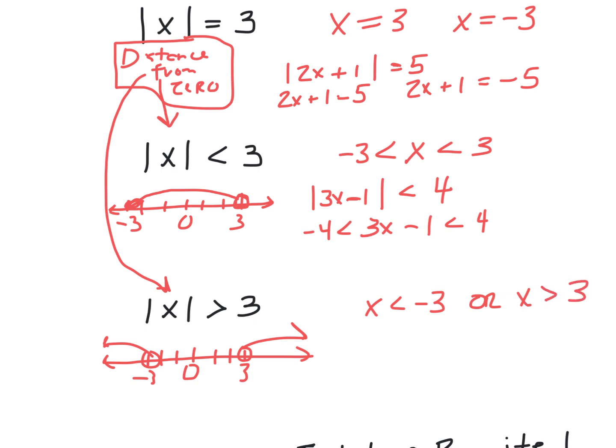And so if you have an absolute value inequality that's greater than, you're going to rewrite as an or statement. You're going to write 3x minus 1 is less than negative 4, or 3x minus 1 is greater than 4. And then you would solve each individual inequality.